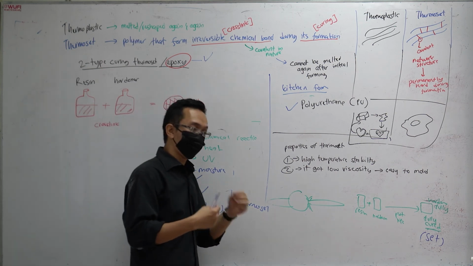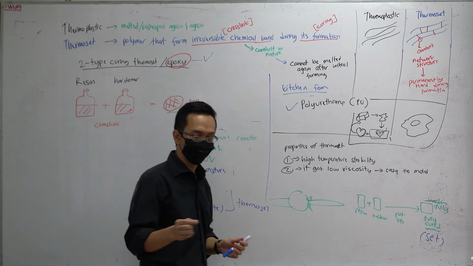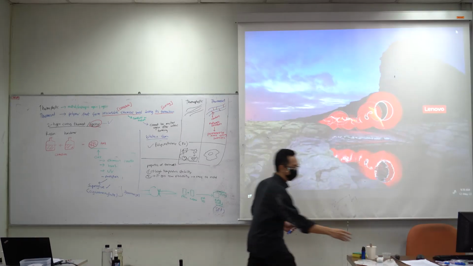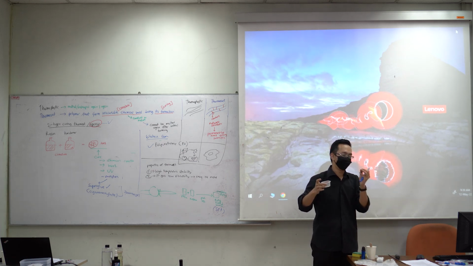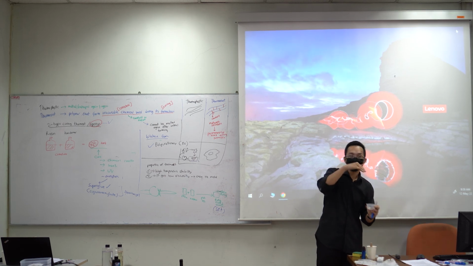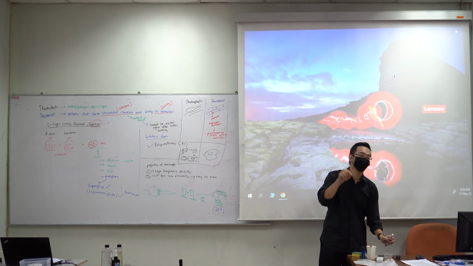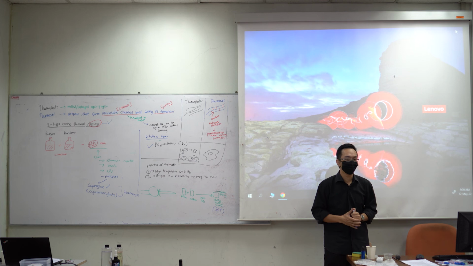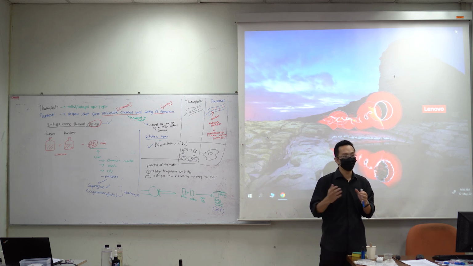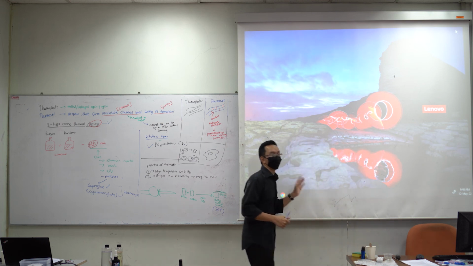When you try to mix them together, you get something that is free flowing like this. So this allows the resin and hardener mixture to fill in a crevice, a nook and cranny of your mold. So if you have a very complex mold, then it's much easier to use epoxy, to use thermoset plastic compared to using the thermoplastic.